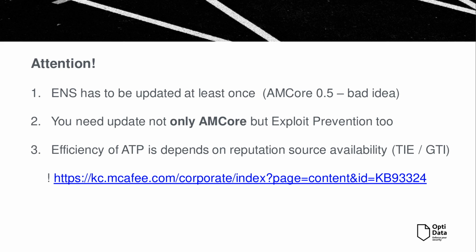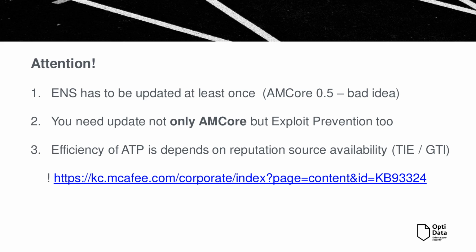It's a bad idea because ENS needs at least one update to get all protection mechanisms to work as intended. And again, you need to pay attention not only to the AMCore content version, but also the exploit prevention content version, because exploit prevention has its own signatures. As we know, AMCore is updated by default once per day, once per 24 hours.